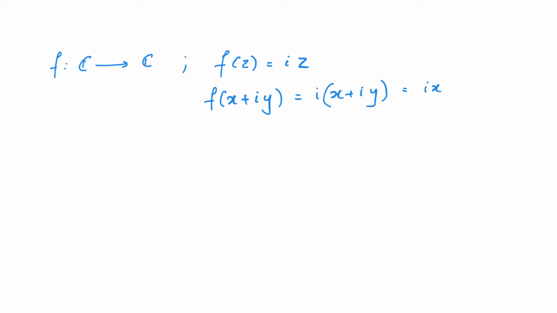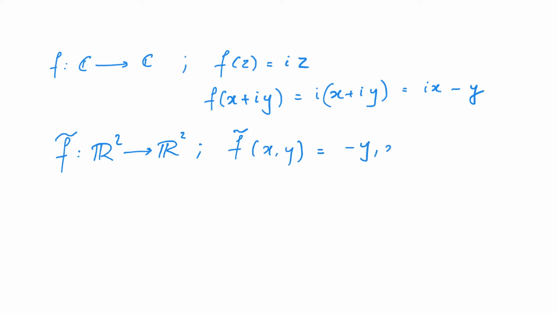So if we imagine this function as a function f tilde from R2 to R2, then the function is of the form f tilde of (x, y) is equal to (minus y, x).